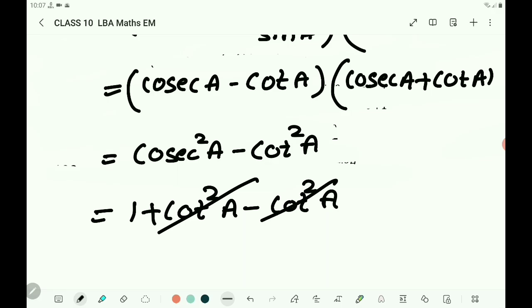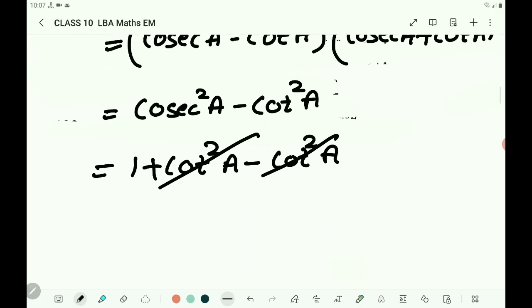You can cancel cot square A minus cot square A, then what is remaining? 1.